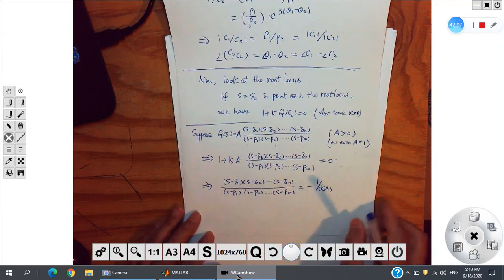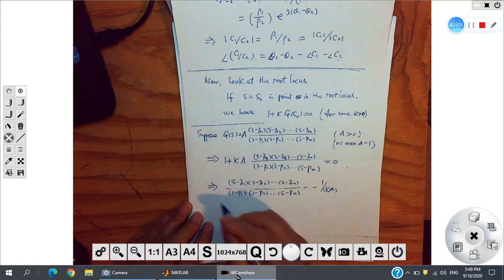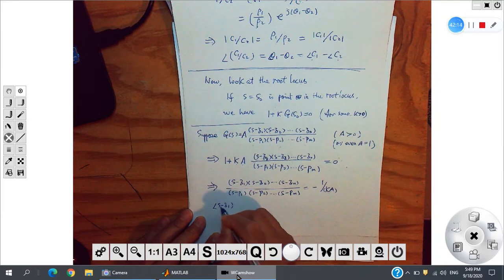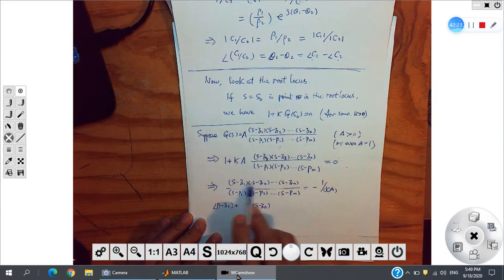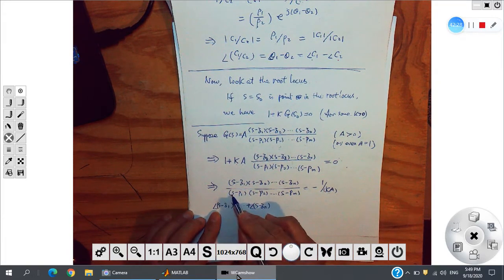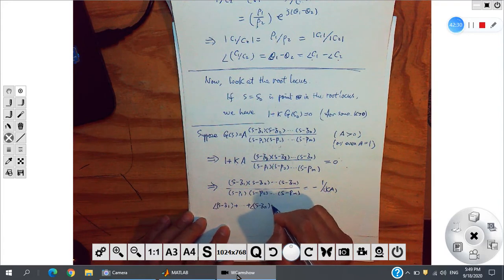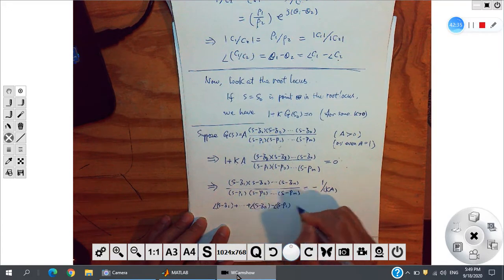Then, how about the angle? I will say the angle of s minus z1 plus until the angle of s minus zn. Here is multiplication, so this is the angle due to summation, and for the division you need to subtract the angle of s minus p1 until the angle of s minus pm.